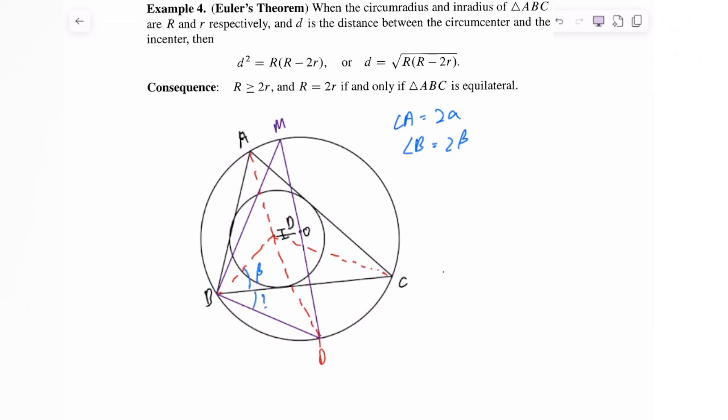Well, by considering this angle and this angle, we know that this is equal to this angle. Okay, so this is alpha, same as DAC, which is also alpha.